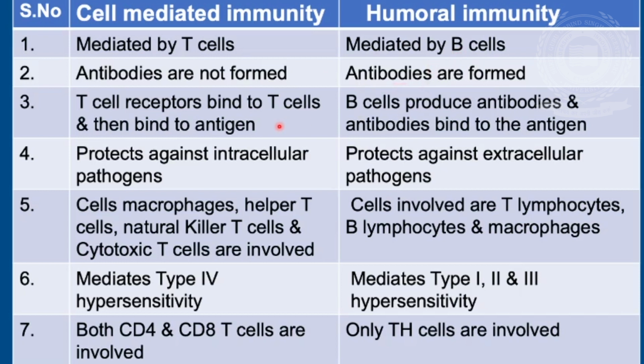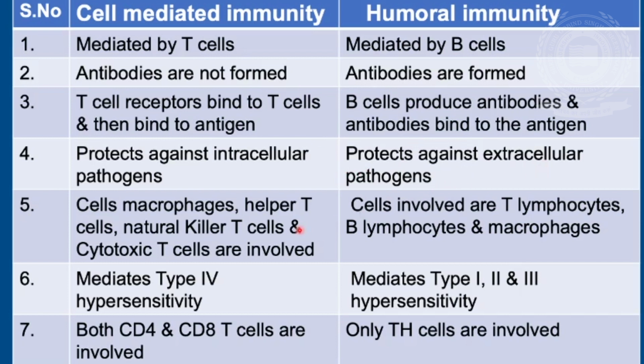Here, the T cell receptors bind to the antigen, while in humoral immunity, B cells produce antibodies and antibodies bind to the antigen. Cell-mediated immunity protects against intracellular pathogens, while humoral immunity protects against extracellular pathogens.